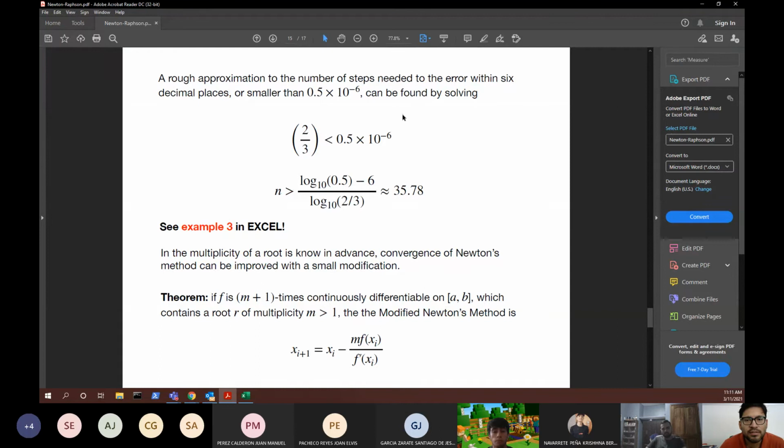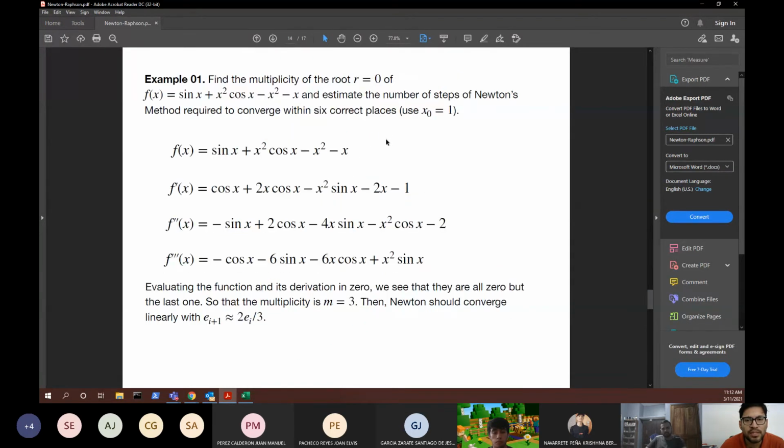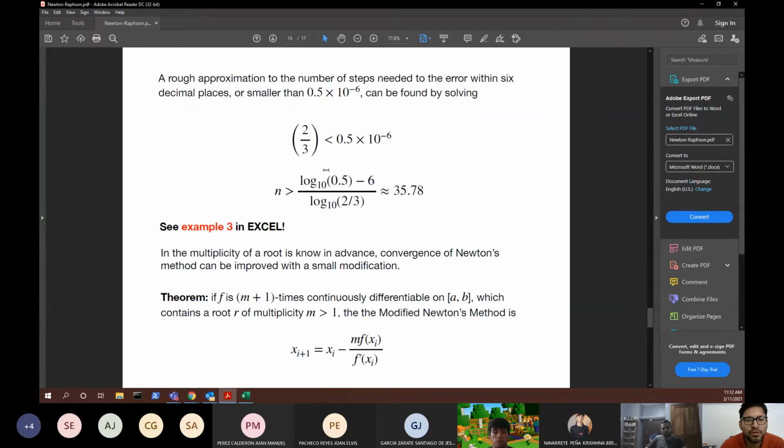In this case, we need a value that is correct to 6 places, so (2/3)^n must be less than 0.5 times 10 to the power minus 6. This is the requirement, so it could be this one or smaller.